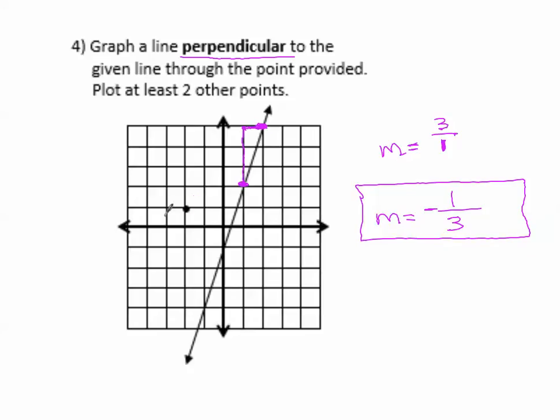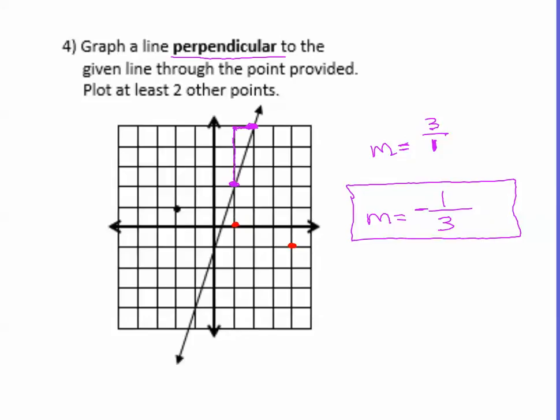From the given point, I'm going to travel this slope because I don't want a parallel line. I want a perpendicular line this time. So down 1, right 3, down 1, right 3. And I'm going to go ahead and graph that line.